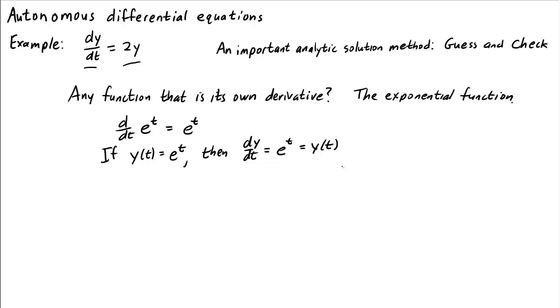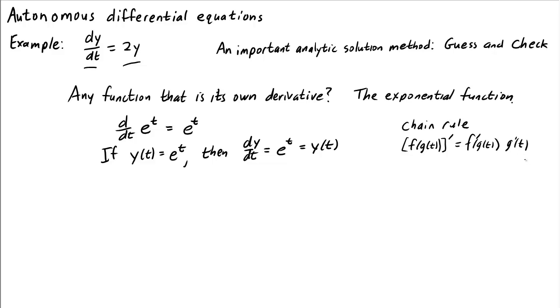That's pretty close to the right behavior. We're just missing the factor of 2. We want the derivative to bring down a factor of 2. To find the factor of 2, let's think about the chain rule. The chain rule says that the derivative of the composition f of g of t gives the derivative of f times the derivative of g.